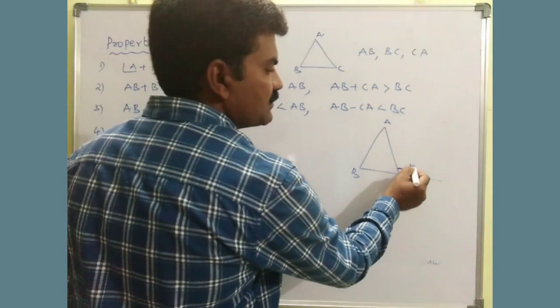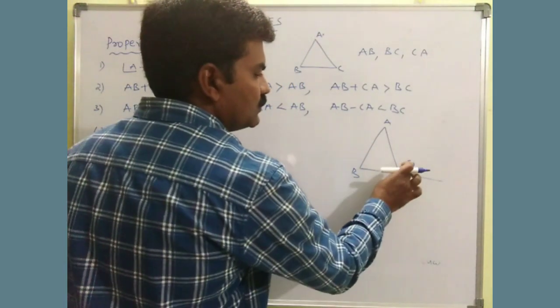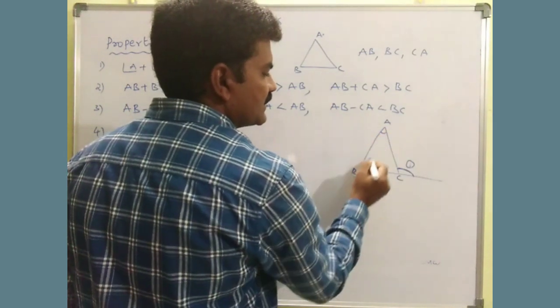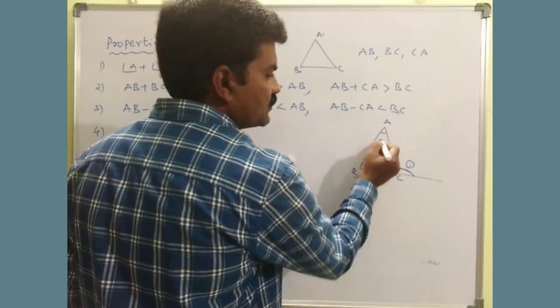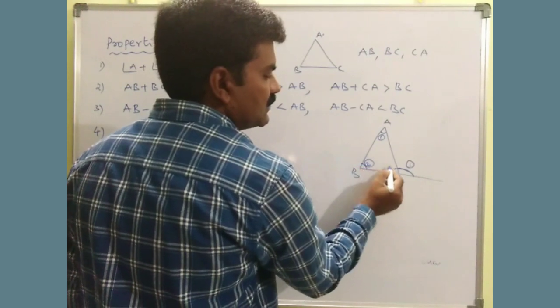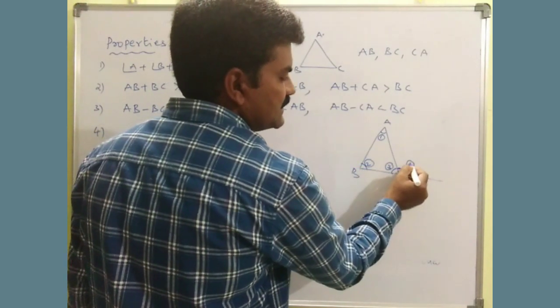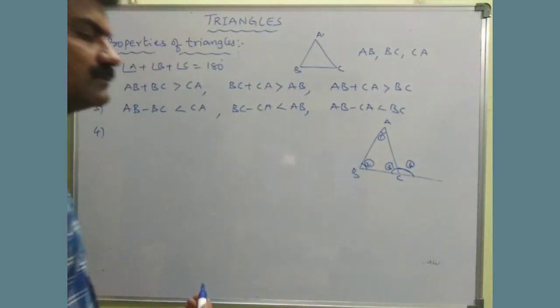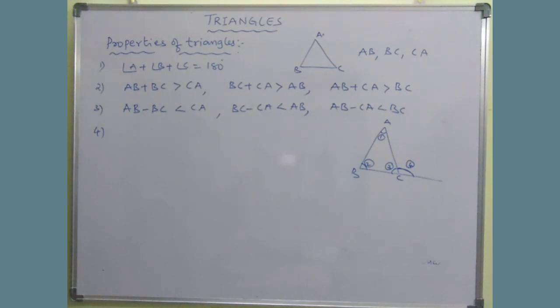You can mention these angles as 1, 2 and 3, and take this exterior one as number 4. So an exterior angle of a triangle equals the sum of the two non-adjacent interior angles.